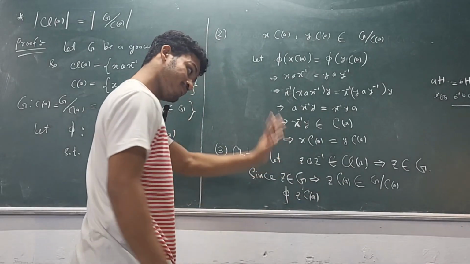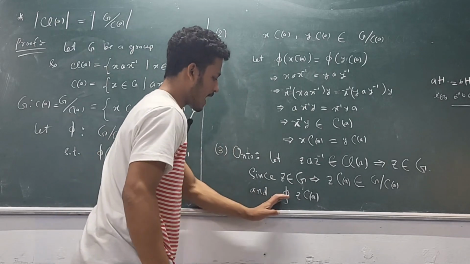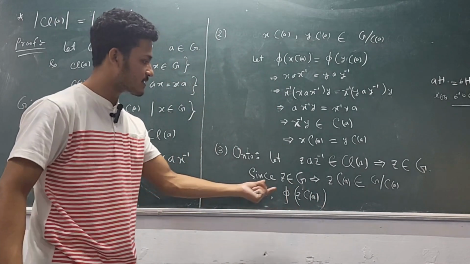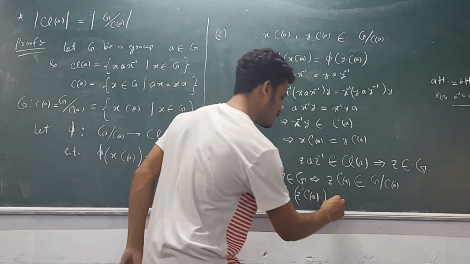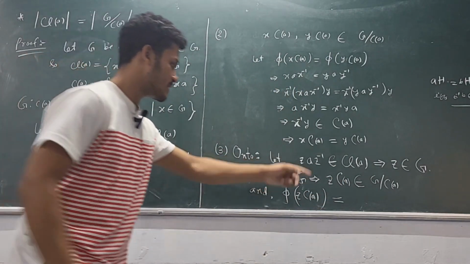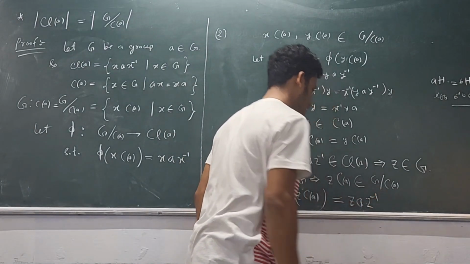The image of this zC(a) is equal to z a z inverse.